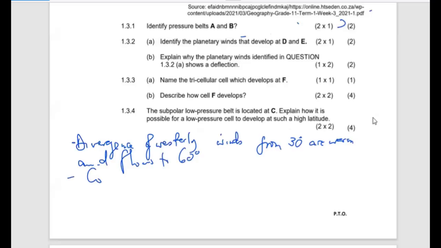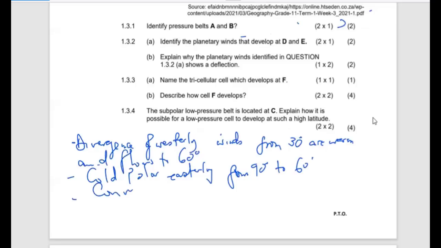And then the cold polar easterlies, we know they are coming from 90 degrees to 60. What will happen? There's convergence there of the cold. This is along the polar front.